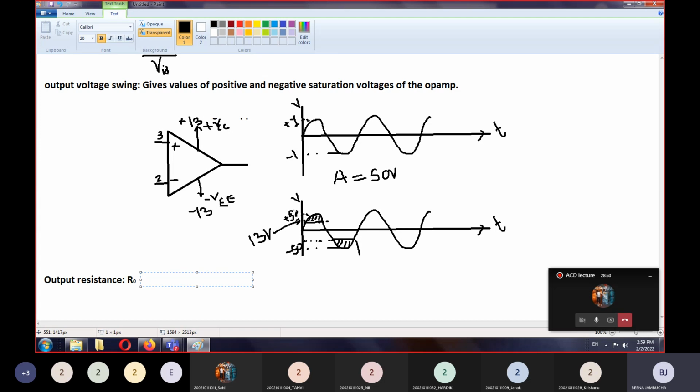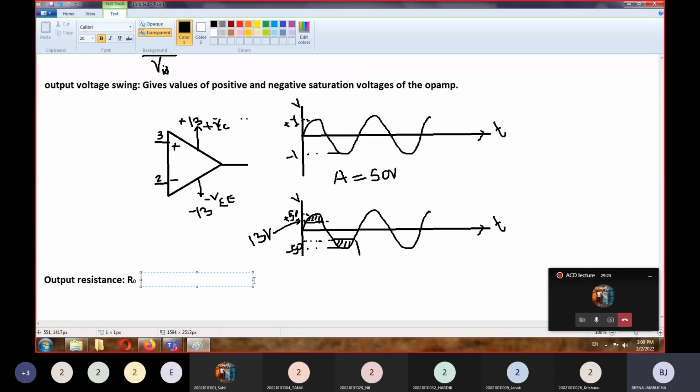Ideally output resistance should be 0, and ideally input resistance should be infinite, but that is not the case. These values may vary. Output resistance will be in terms of some ohms or kilo ohms, and input resistance will be in terms of mega ohms. When we call it infinite resistance, it is in terms of mega ohms.